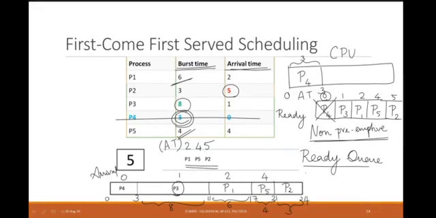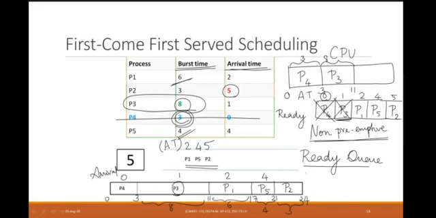Now what is the next process present in your ready queue? That is process P3. P3 will come here. P3, what is the time? P3 is 8. So 8 time units my P3 has to spend. So 3 plus 8 is 11. Now P3 is over.